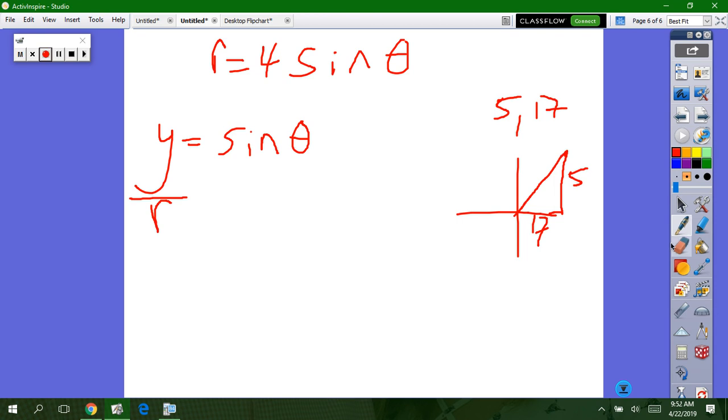Oh, other way around. Sorry. Seeing if you guys are on your toes. 17, 5. Still seeing if you're on your toes. 5/17. Are we good there? Okay. Now we do Pythagorean theorem to find the radius, correct? 5 squared plus 17 squared. 17, I think, is 289.